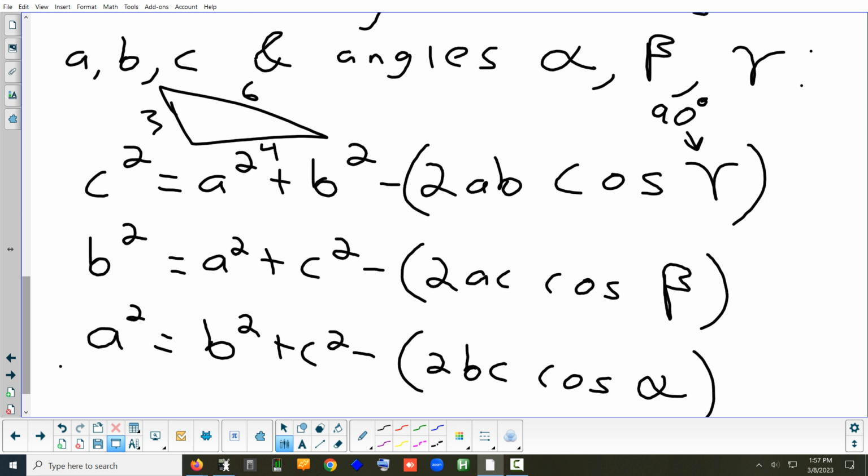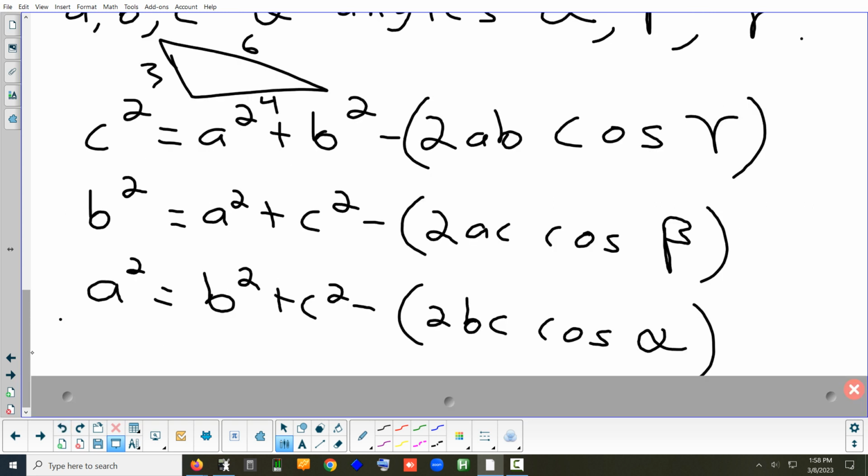So if you try to use this on a triangle that already has a 90, this entire part becomes 0, and you're left with just the Pythagorean theorem. That's why when you use Pythagorean theorem on a right triangle, you never see this part, because it would always be 0. When you don't do it on a 90-degree angle, then this part will not be 0, and then it makes a difference. So that's the law of cosines.